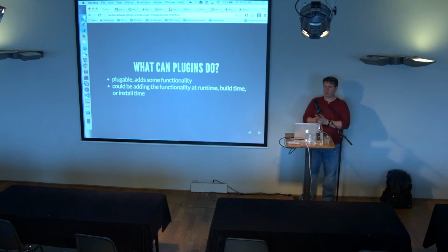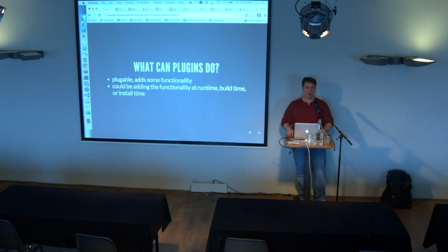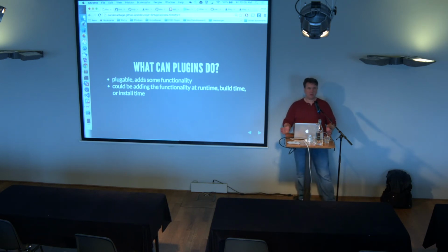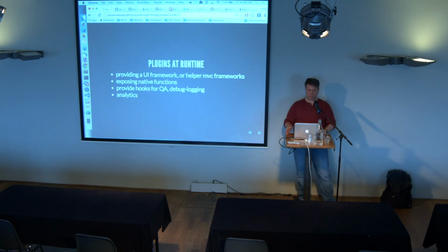So people are very much aware of the core plugins and the fact that what they do particularly is expose native functionality that you couldn't otherwise get inside of a web page. But there's multiple opportunities to actually provide functionality besides runtime. So plugins can actually do stuff at build time or install time even. So plugins at runtime is the model that we're most familiar with.